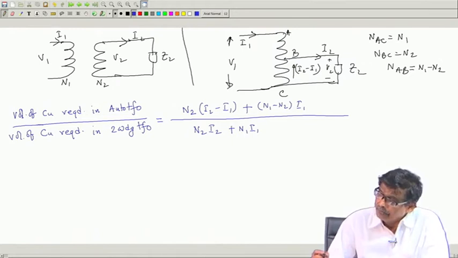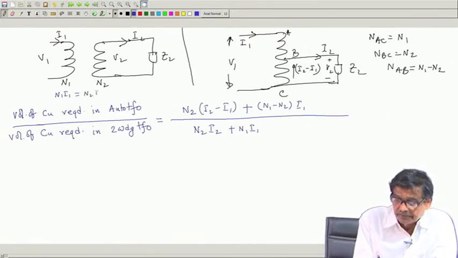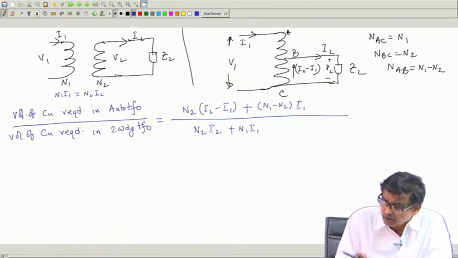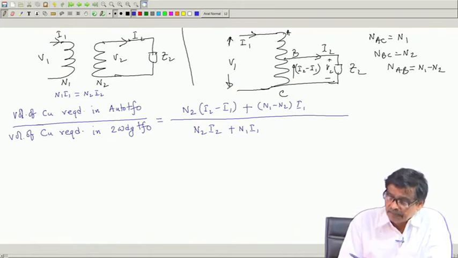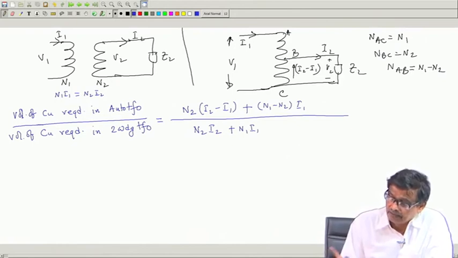Now, we have already established that N1 I1 is equal to N2 I2. Are N1 and N2 different in the auto transformer? No, same thing. Whatever is N1 here is N1 here. Are I1, I2 different? No. I2 is the current delivered to the load, I1 is the current flowing in the primary, same thing. So, those things are there.